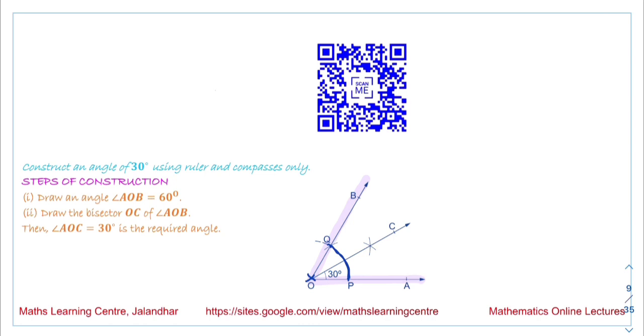Then we will keep the compass at this point Q, and next at this point P. By keeping the compass at Q, we will mark this arc over here, and by keeping the compass at P, we are marking an arc over here, and what we get is that this OC is the angle bisector of AOB. Both these lengths are equal to each other. So this line OC is the angle bisector of AOB.